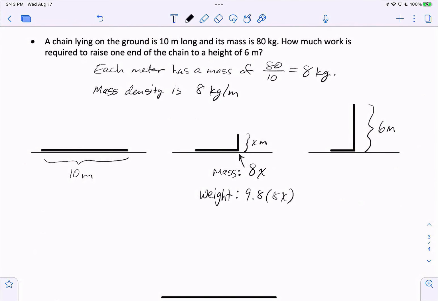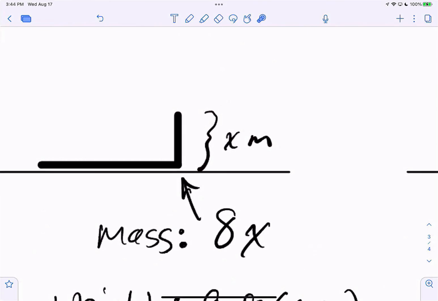So, the weight of this is 78.4x. As I go from the second picture to the third picture, x meters is how much of the chain I'm holding. I have to go an incremental distance from, say, here to there.